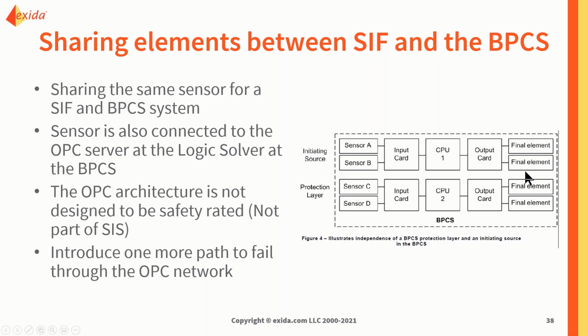They want to separate this to another trip at the hardware level already. So whenever we talk about independence within the IEC standard, it's very, very demanding. Anything like sharing the same hardware between a SIF and a BPCS is basically frowned upon. It's not something that we want to do.